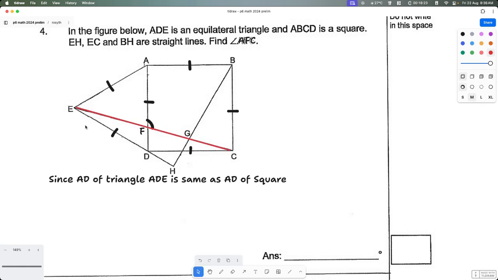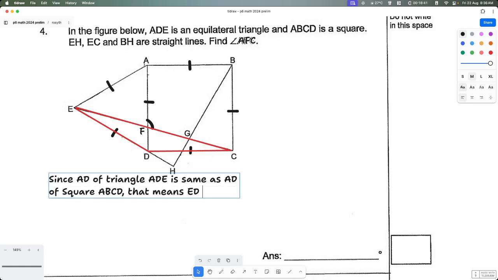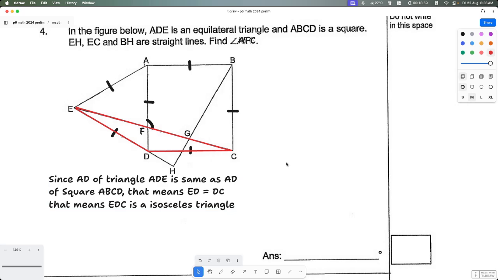And since it is square ABCD, that means ED is equal to DC, which means EC is an isosceles triangle. So that's one thing to take note of.